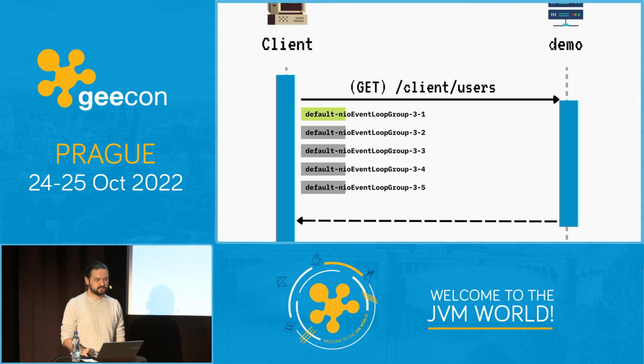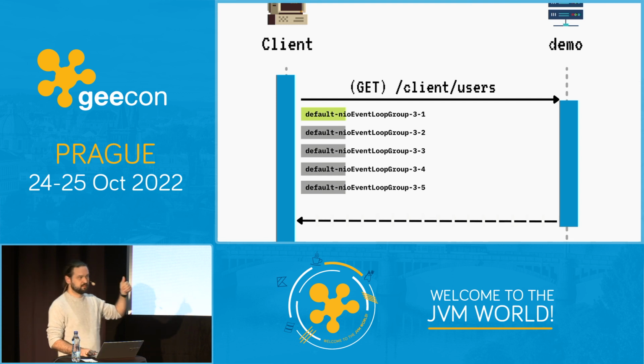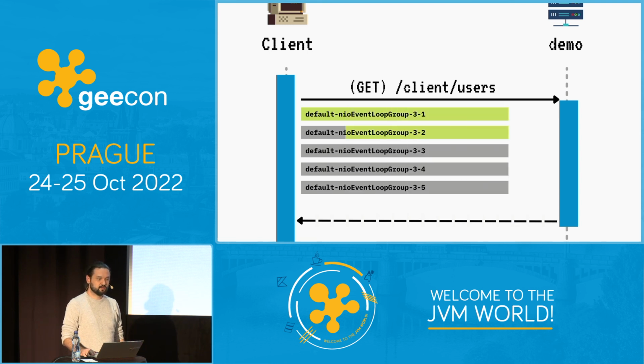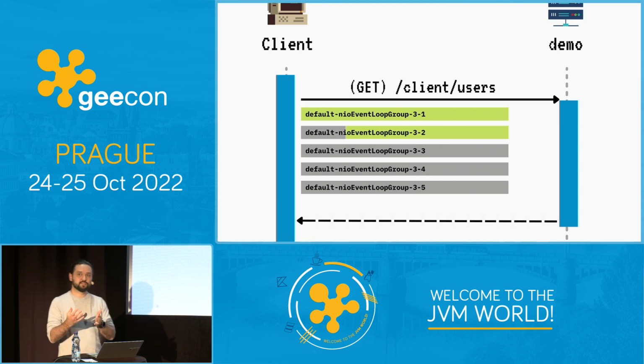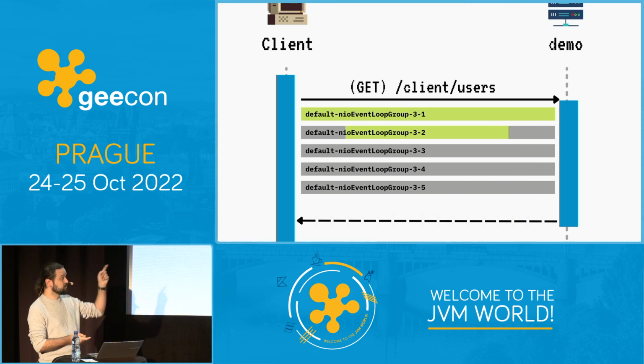You can see that this event loop group has 5 threads, 5 event loops. So the first thread is blocked because it processes the incoming request. And now we trigger the declarative client, which also needs a thread from this event loop group. So until it finishes processing, it occupies the second thread from that event loop.